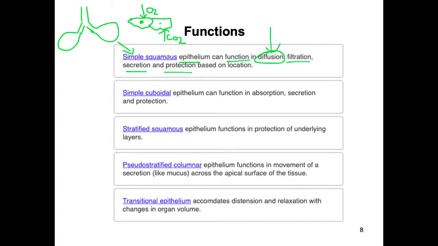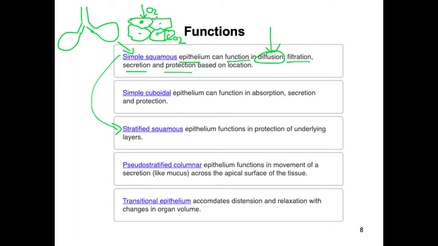That's simple squamous. But if it's stratified squamous, if you have many layers of these, then it's really not the best for diffusion, right? Things aren't going to pass through cells that are 25 to 30 layers thick.